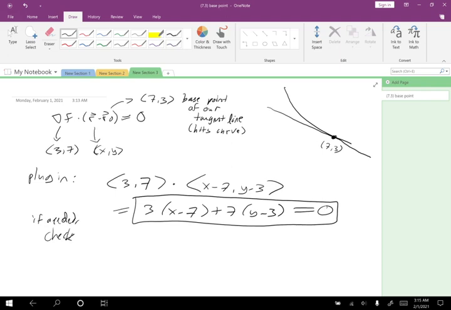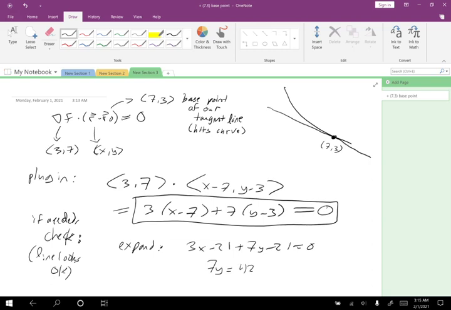Check the line. Check that the line looks okay. So you can just expand this and find the y-intercept form. So 3x minus 21 plus 7y minus 21 equals 0. This is 7y equals 42 minus 3x, otherwise known as y equals 6 minus 3/7 x.